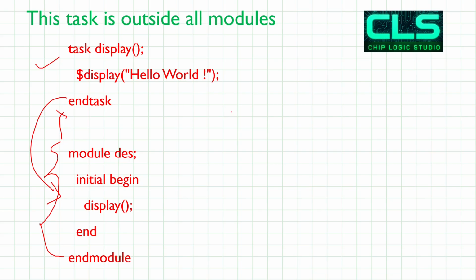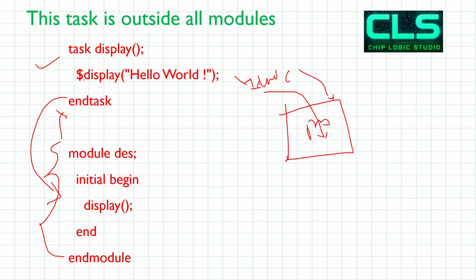Similar to your print statement, every statement you have written outside your main module, and you are just using it inside that module. So you can use different files, you can do `include of that file inside this module, and you can use this task and function. So this is a very useful thing.